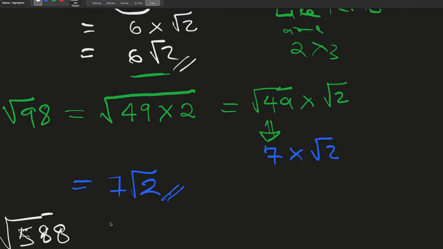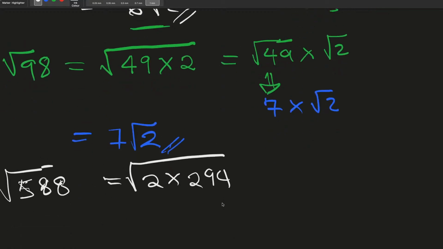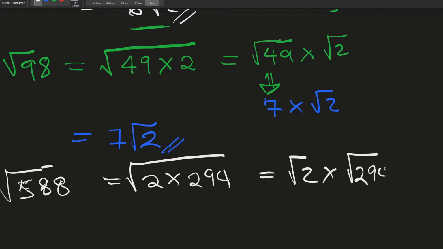So this means this is 2 times the answer you got, 294, all over surd. And this can be written as root 2 times root 294. Can we divide 294 by 2? Let's see. So 294 by 2 once again.